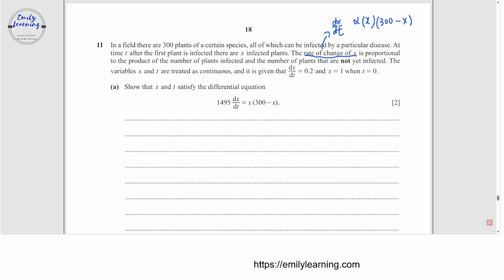Okay, so since dx/dt is proportional to x multiplied by 300 minus x, we know that dx/dt equals k times x times 300 minus x, where k is a constant, right? Okay, so let's write that down.